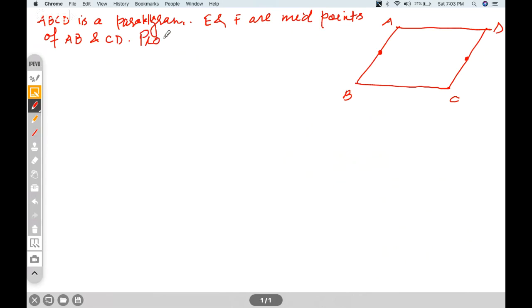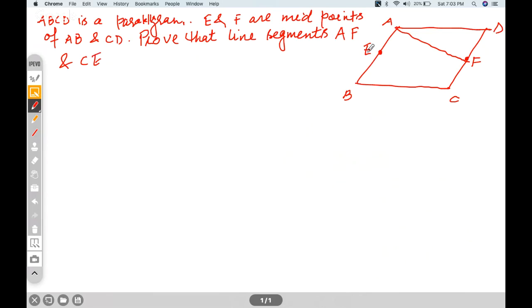Prove that line segments AF, so this is E, this is F. So AF, this is AF, and CE, so this is CE, trisect diagonal BD.